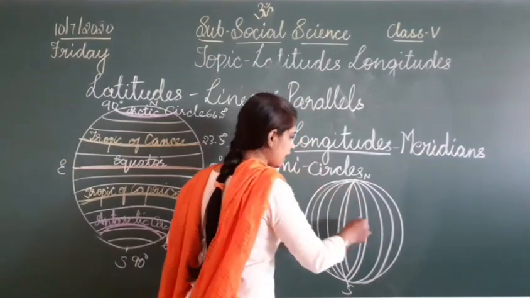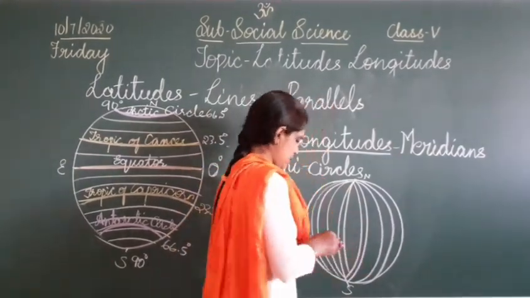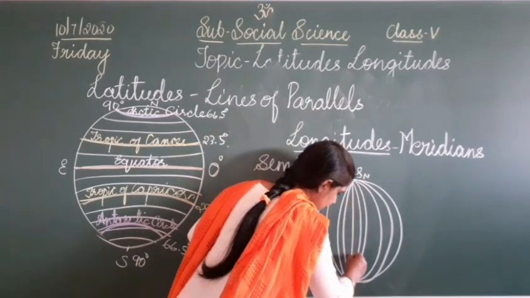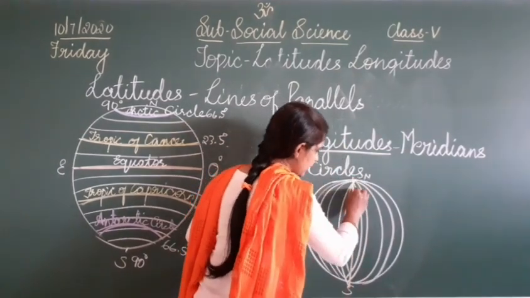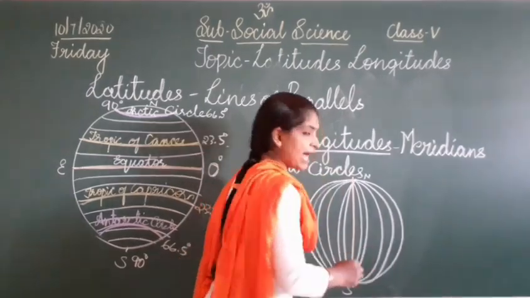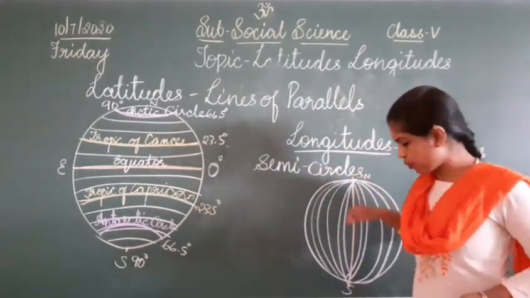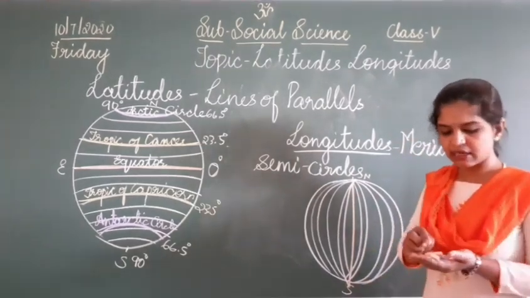Yes, there are now 360 longitudes. How many? 360.